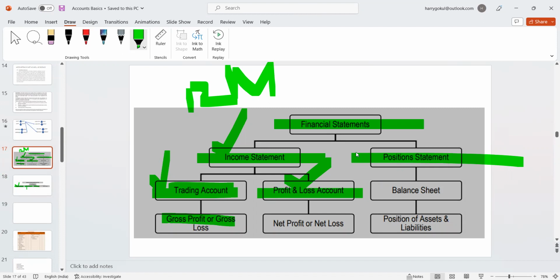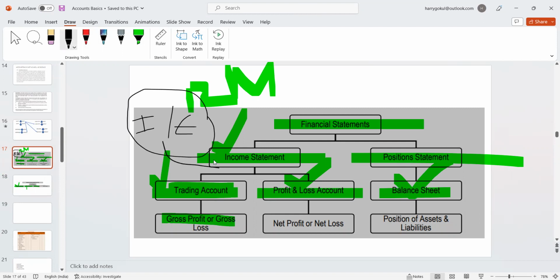What about the things I spoke of in assets and liabilities? Those come under the balance sheet. The income statement deals with two things: income and expenses incurred during the 12 months are considered in the income statement, and the net value is taken to the balance sheet.